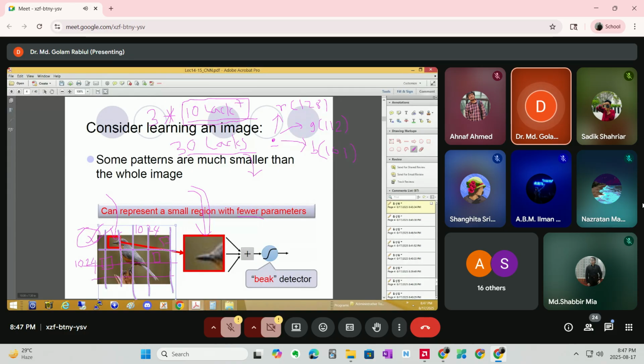So instead of learning the whole image, it will learn only a part of the image. So there may be a possibility that we can reduce the number of parameters to learn in this model.